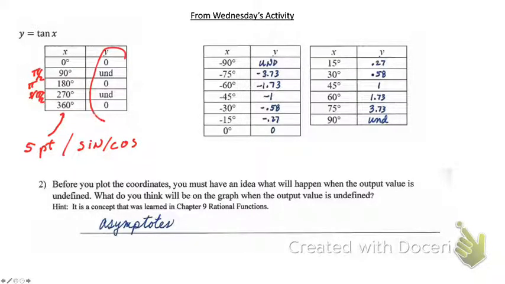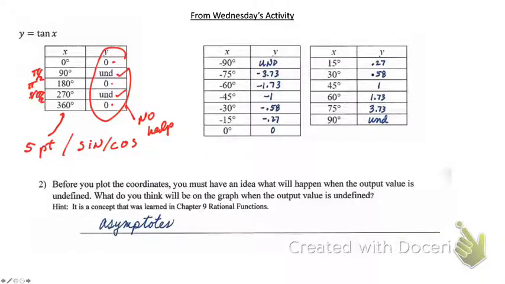And you found out you got answers over here that really didn't give us much help for getting our graph drawn. Whenever we did sine and cosine of those 5 points, we always got answers of 1, -1, 0, and it helped us lay out our 5 points to get our graph drawn. With the tangent, we got these two undefined values in here, and everything else gave us a bunch of zeros, so it didn't really give us any help to drawing our graph.